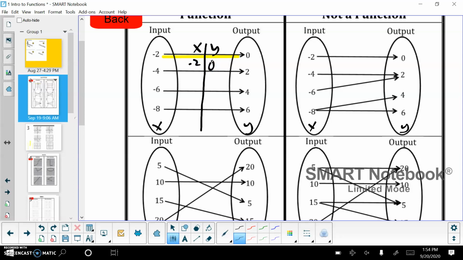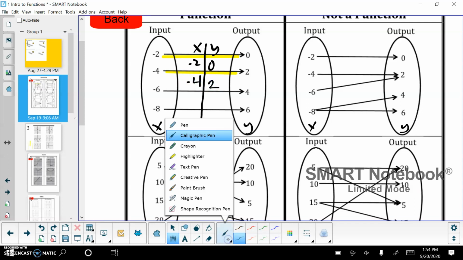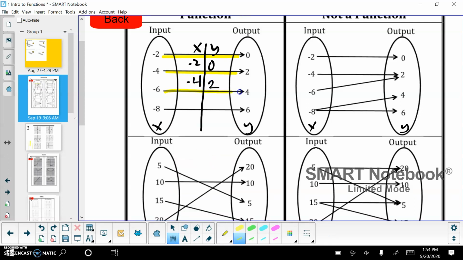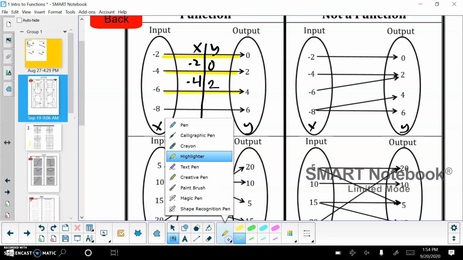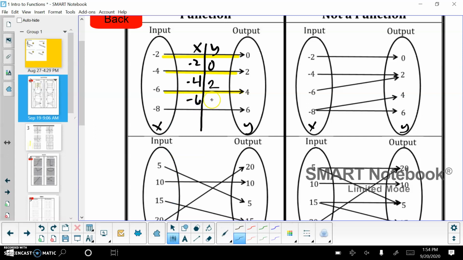Same thing's happening on the next one. I only have one arrow coming out, so that would be the same thing as the -4 going to the 2. And then on the next one, I only have one arrow coming out, so that means the -6 will go to the 4.